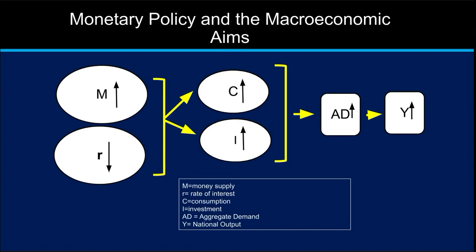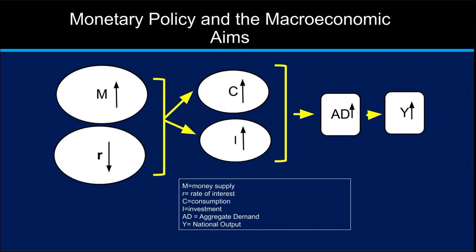Since consumption and investment increase, and these two components are directly related to aggregate demand, this will lead to higher AD, higher national output, and higher employment. As there is more demand for goods and services, more jobs can be created. Therefore, this reduces the level of unemployment in the economy.